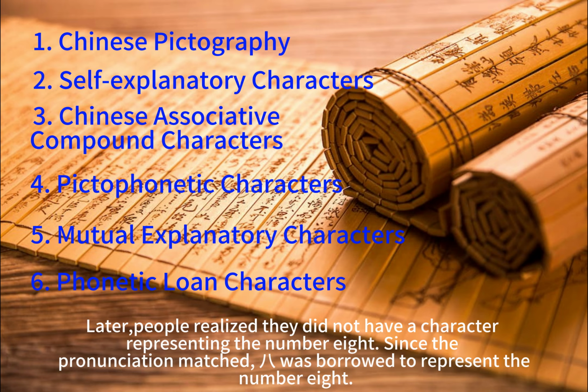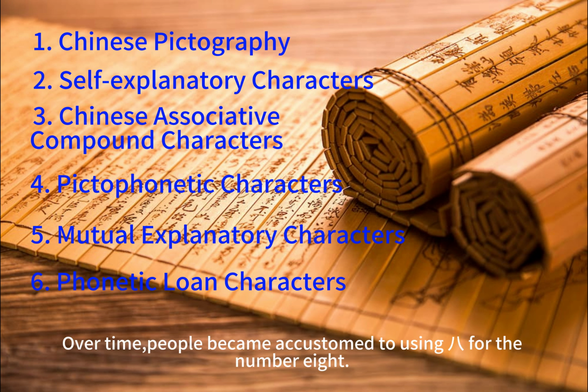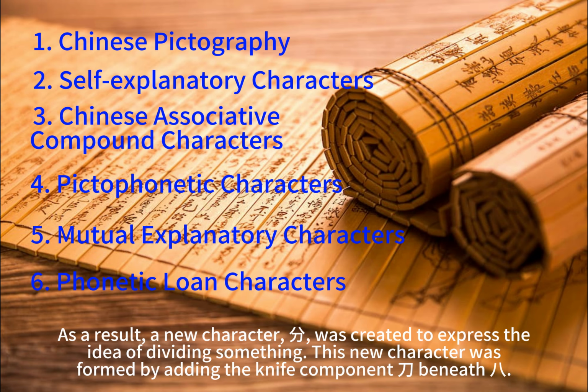Since the pronunciation matched, ba was borrowed to represent the number 8. Over time, people became accustomed to using ba for the number 8. As a result, a new character, fen, was created to express the idea of dividing something. This new character was formed by adding the knife component dao beneath ba.